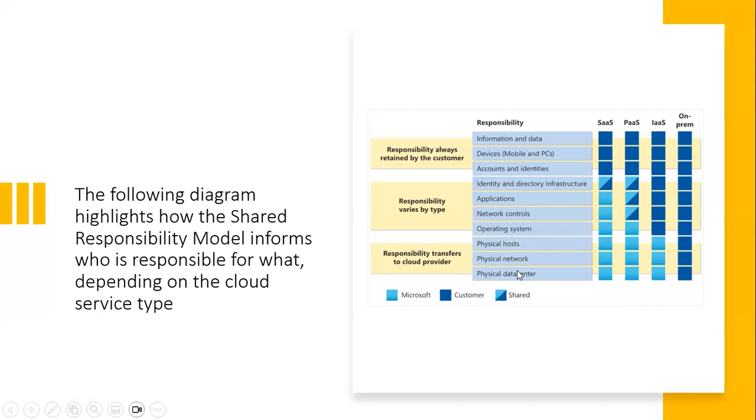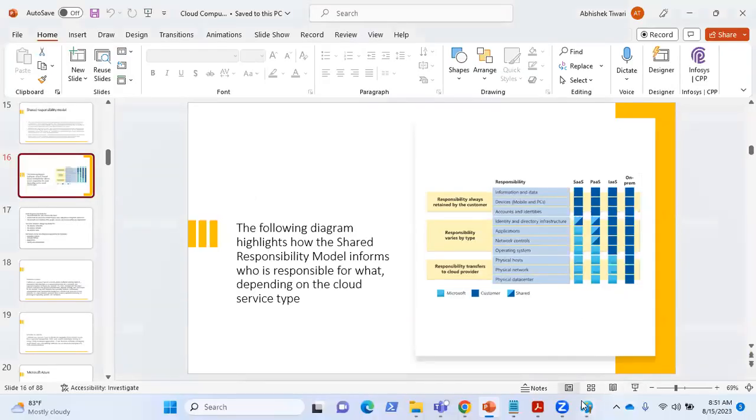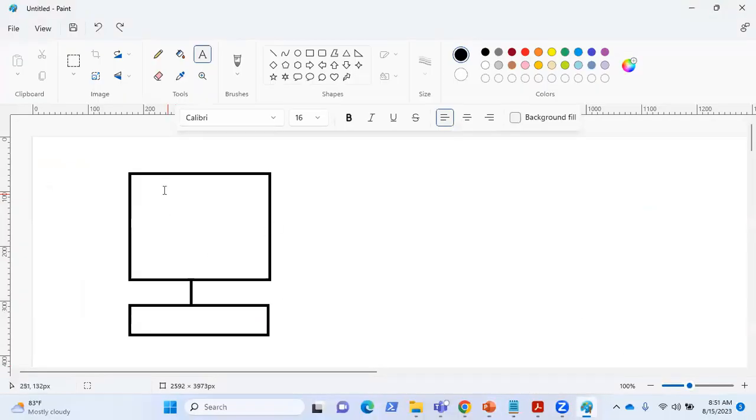Maybe for you it's a virtual machine, but for the cloud provider, it's not virtual. They have a data center somewhere, so it's physical for them. They are maintaining those physical things: physical host, physical network, physical data center. Rest, everything you are managing here. So that is a shared responsibility model.